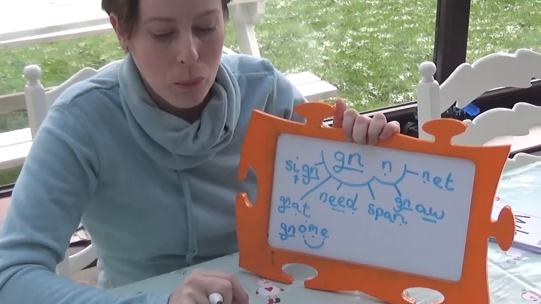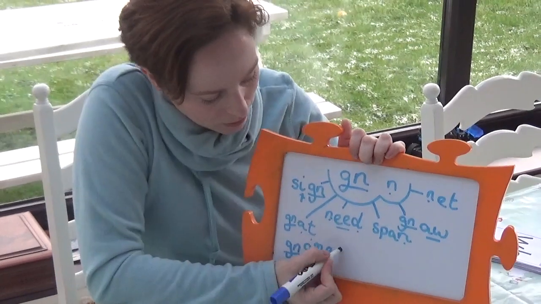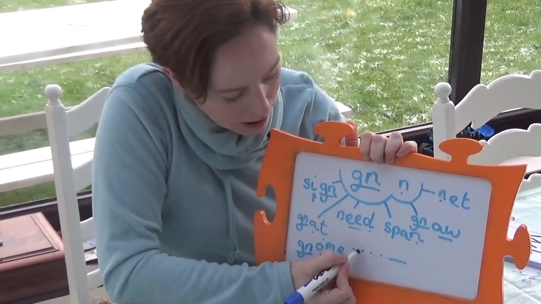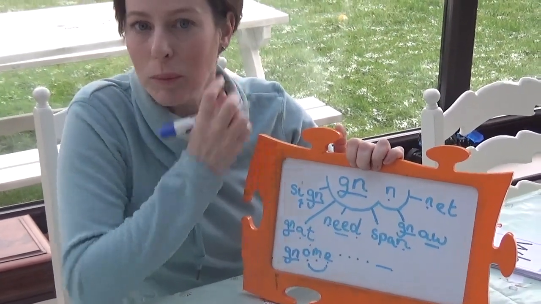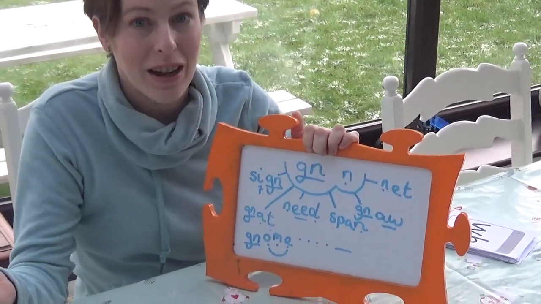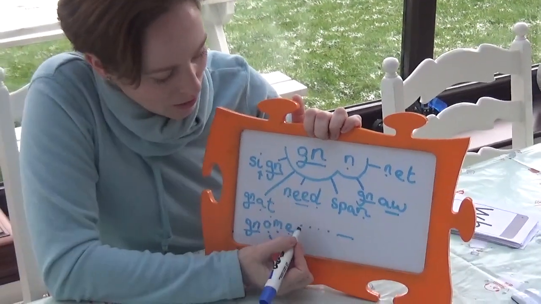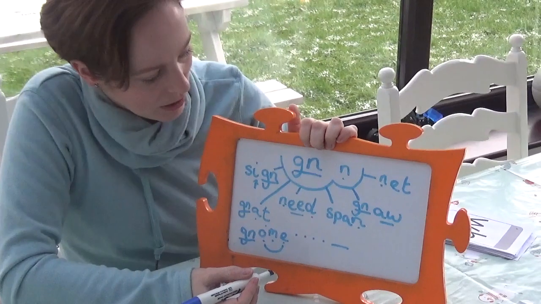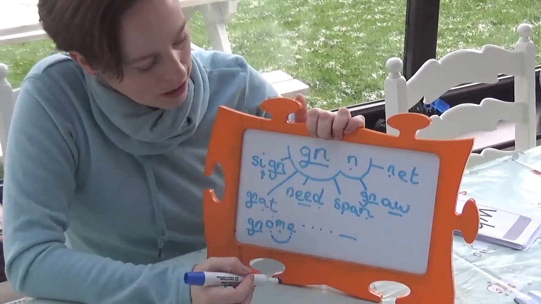Now this word, I'm not sure you're going to know what this means, but we can probably explain it for you. The word is resign. Resign. So if you resign from something, you stop doing it. So if I resigned from being a teacher, which I won't, but if I did, I would stop being a teacher. Resign. There's something that might help you up here, the word sign.